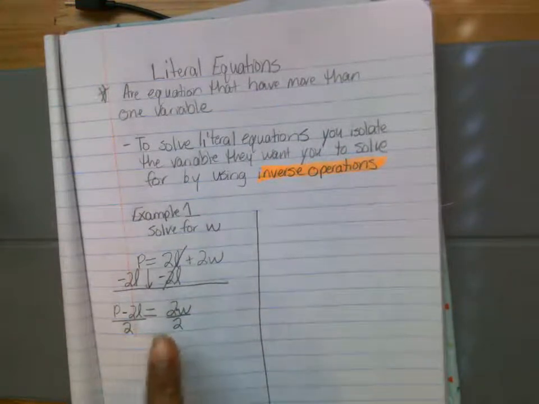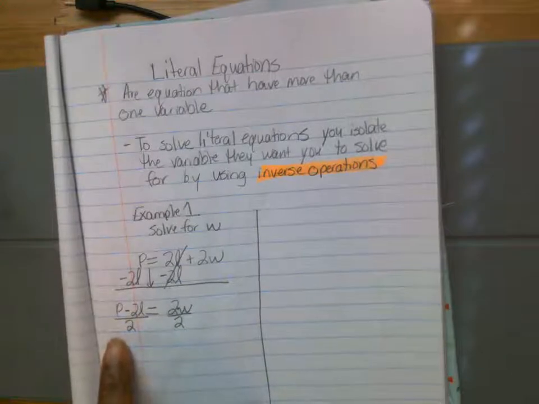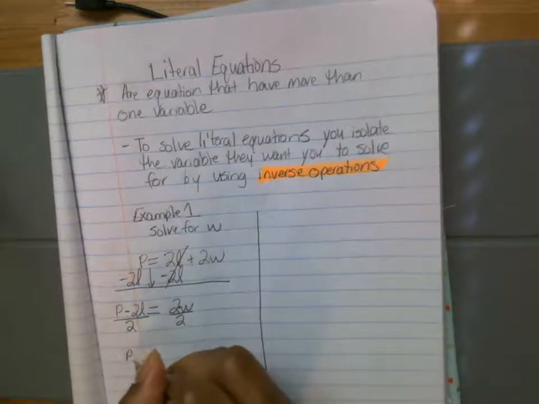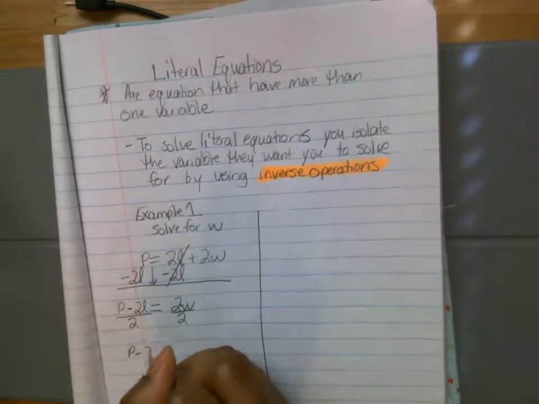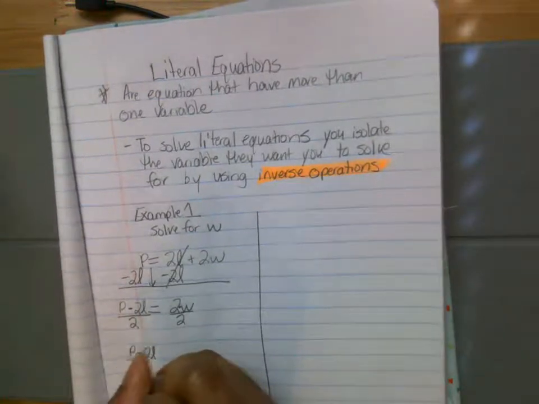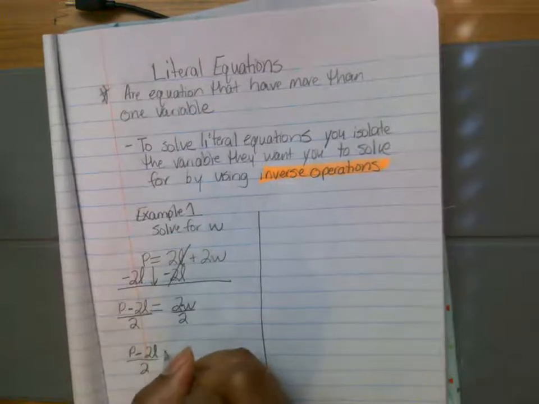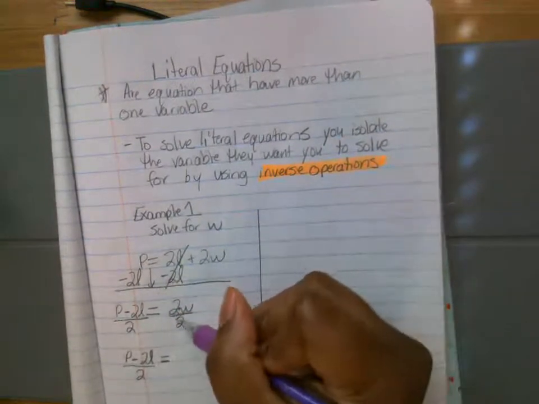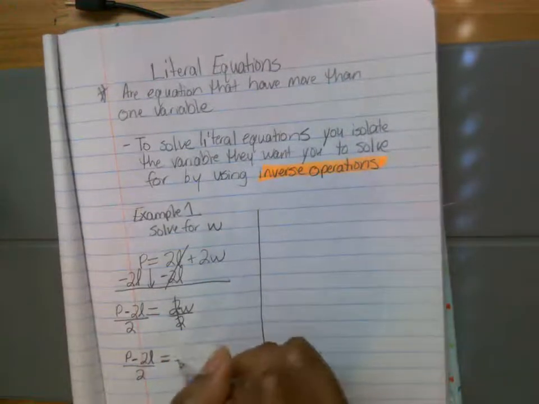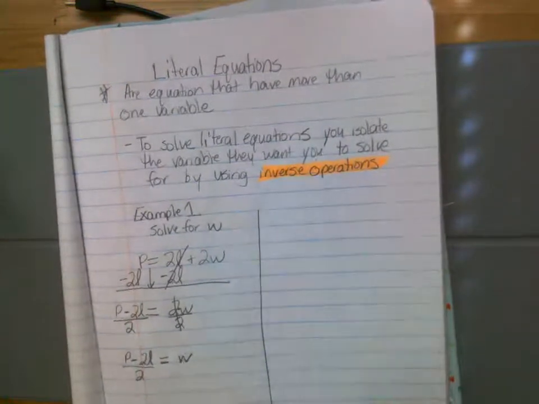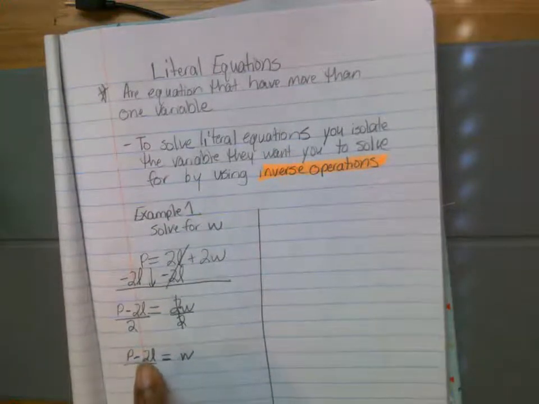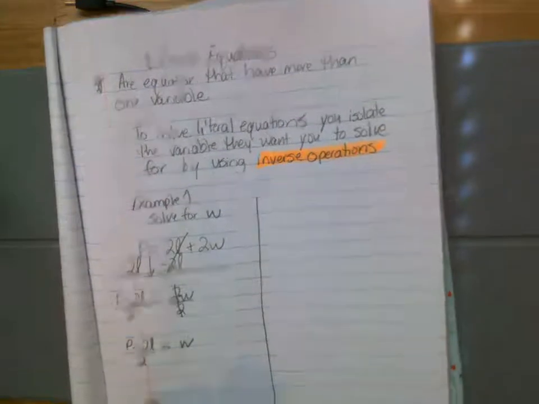When you divide both sides by 2, on this side you get the expression P minus 2L divided by 2 equals, on this side, 2 divided by 2 is 1, so we are left with W. So the expression here is going to be P minus 2L divided by 2.